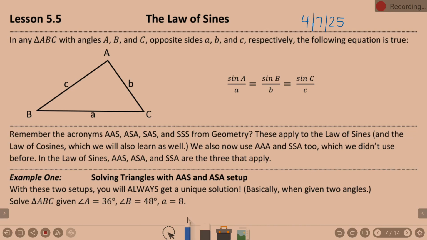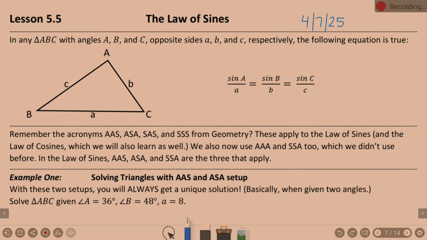Now, back in geometry, do you remember AAS, ASA, SAS, SSS? You learned those back in geometry: angle, angle, side; angle, side, angle; side, angle, side; and side, side, side. Those were congruence theorems: if all three sides were the same in two triangles, then those triangles were congruent.